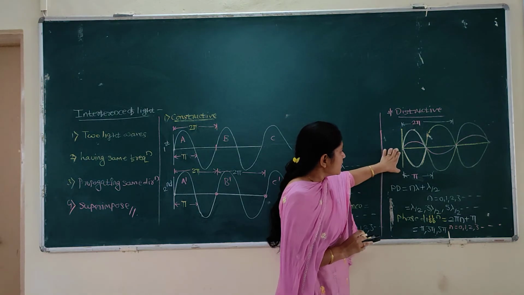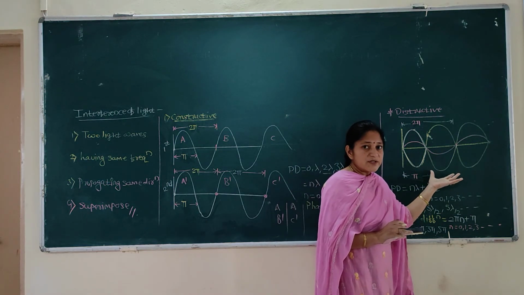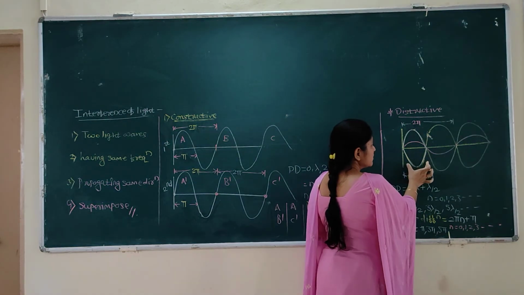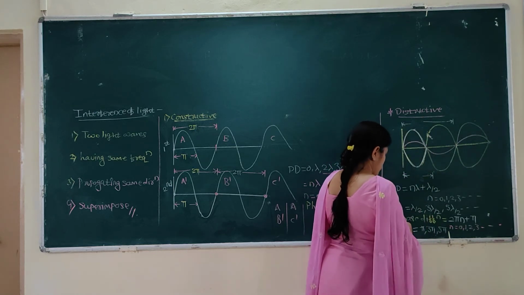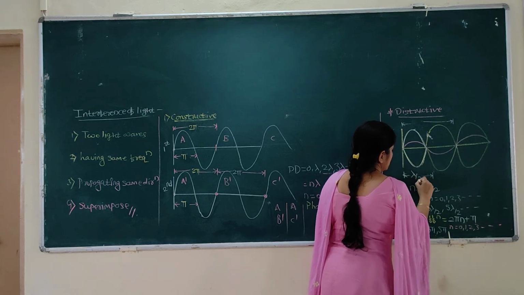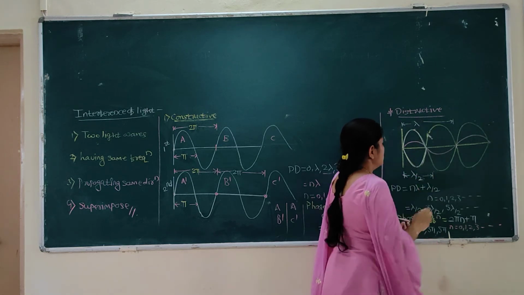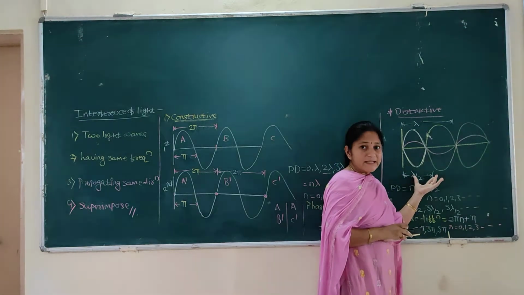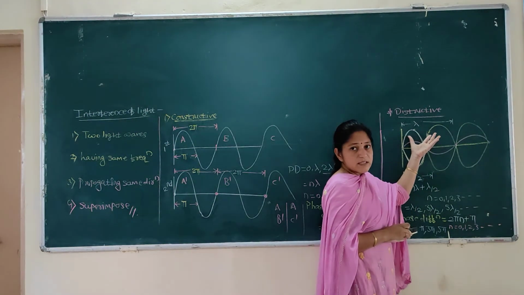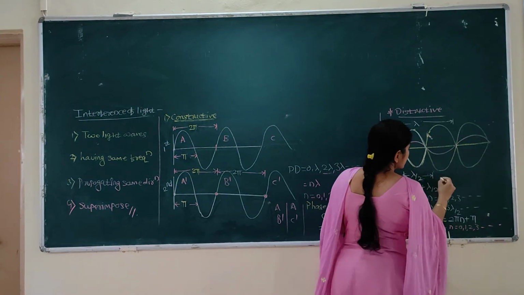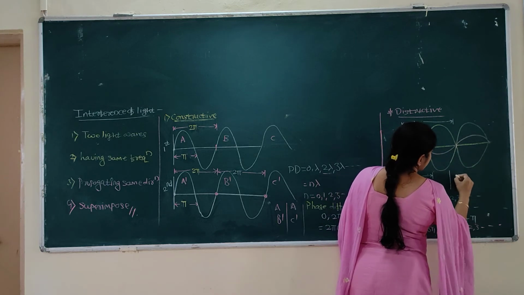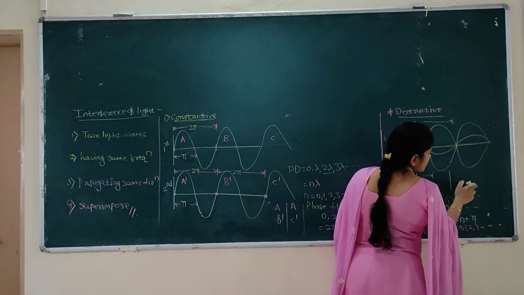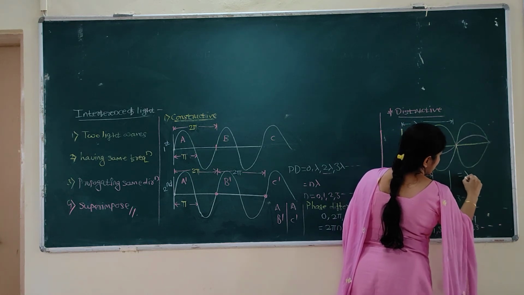Now, if we see this figure, it is observed that the path difference between two waves is lambda by 2, but the optical path difference is lambda. Here I will give the optical path difference between the two waves as lambda.